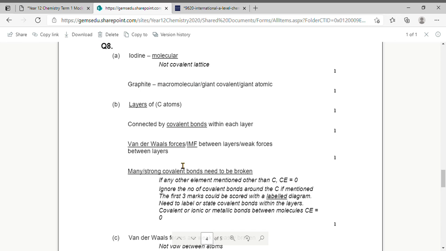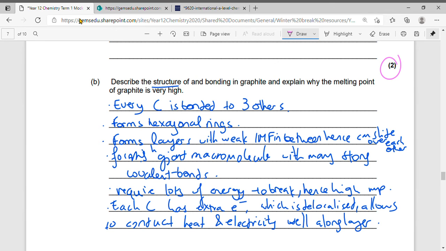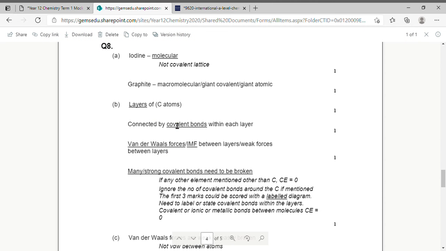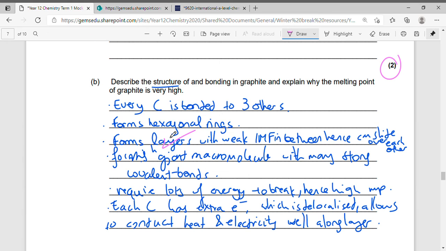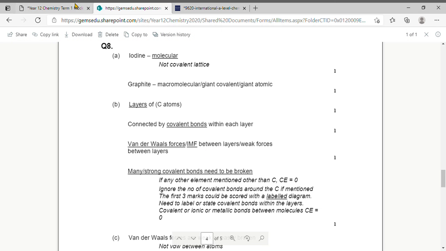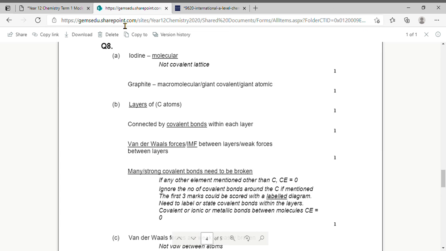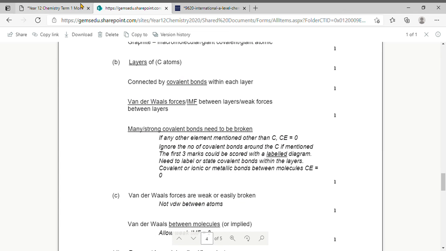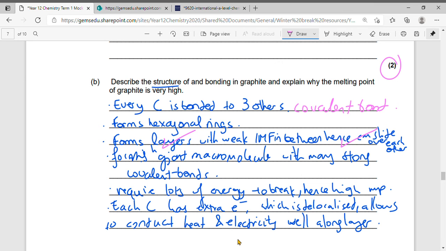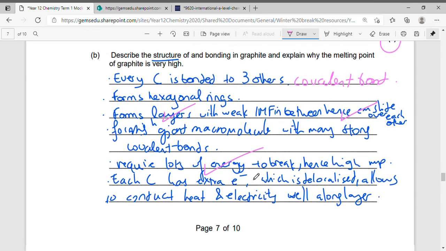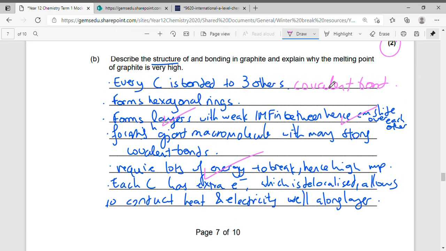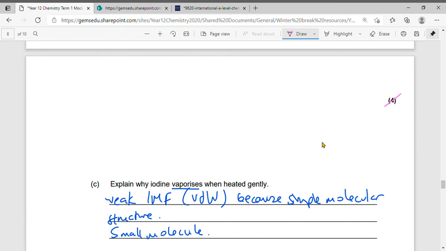Every carbon is bonded, we have layers here, connected by covalent bonds within each layer. Oh, I forgot to mention covalent bonds. Van der Waals between layers, excellent, and many, excellent. So we just forgot that covalent bond here, so I would give it a 3 out of 4.